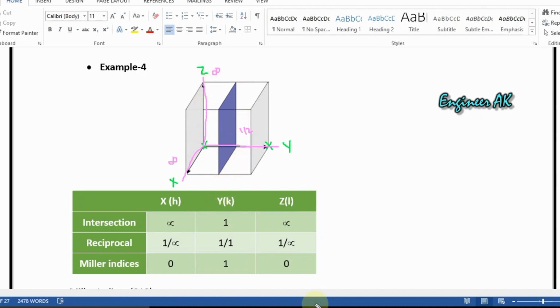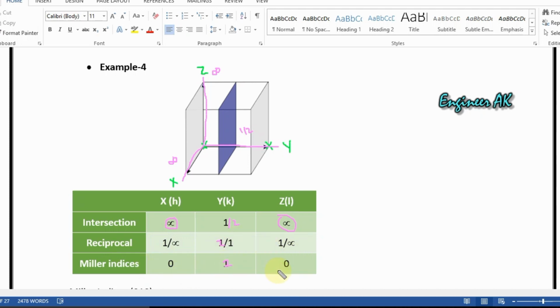So here I can write 1/2, and it becomes 2/1, and it becomes 2. At the x-axis it is infinity, at the z-axis it is infinity, and at the y-axis it's 1/2. If I take the reciprocal of it, it becomes 1/infinity, 2/1, and 1/infinity, so it becomes 0, 2, 0.